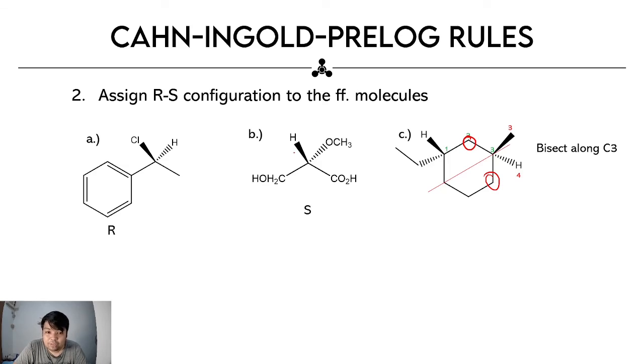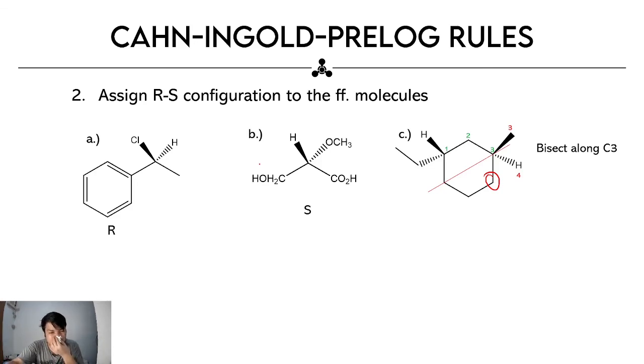Then we jump to the next point of attachment, which is also a carbon atom. Now this one here has only one other carbon atom directly attached to it, while this one here has 2 other carbon atoms attached to it. Obviously this side will be given a higher priority than this one.